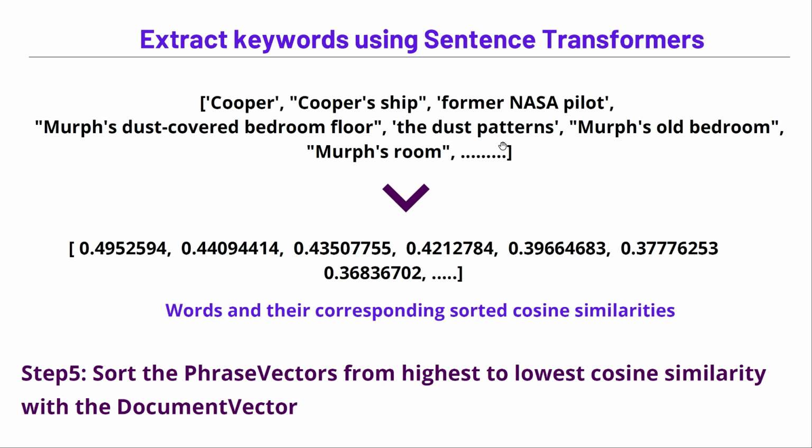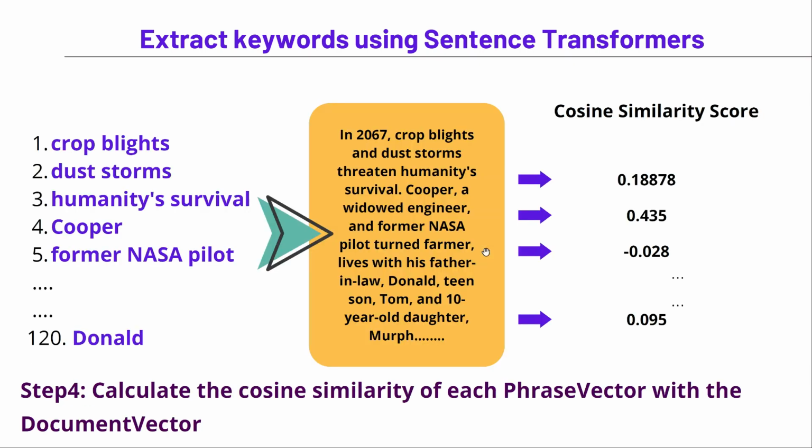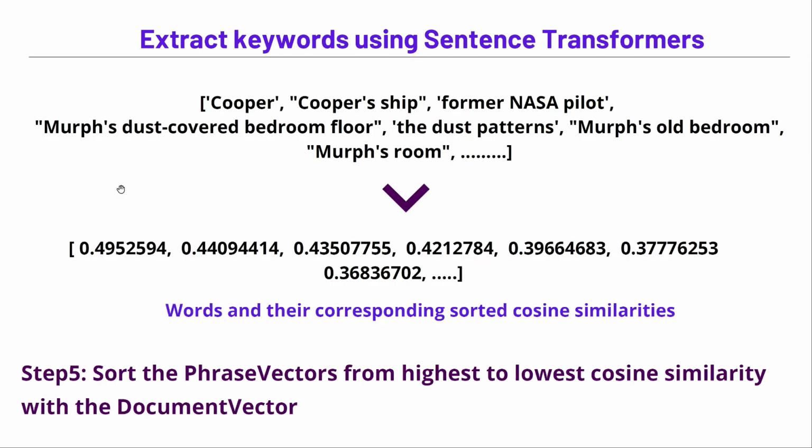So at the end of the day, we get this, which is Cooper ships, former NASA pilot, Murph's dust covered bedroom floor, etc. And you can see these are the cosine similarities when compared to the whole document vector. So essentially we are just sorting these cosine similarity scores that we extracted in decreasing order, and also finding the corresponding key phrases or keywords.